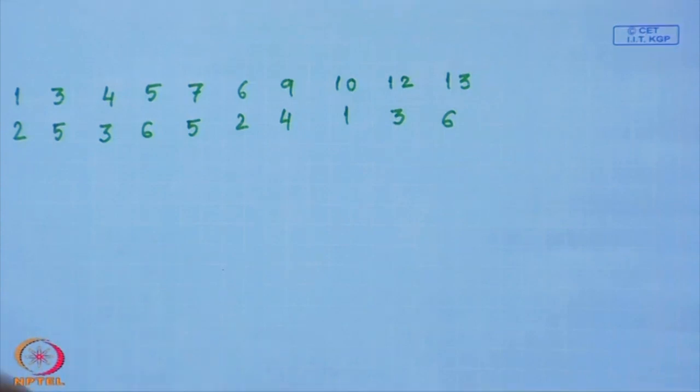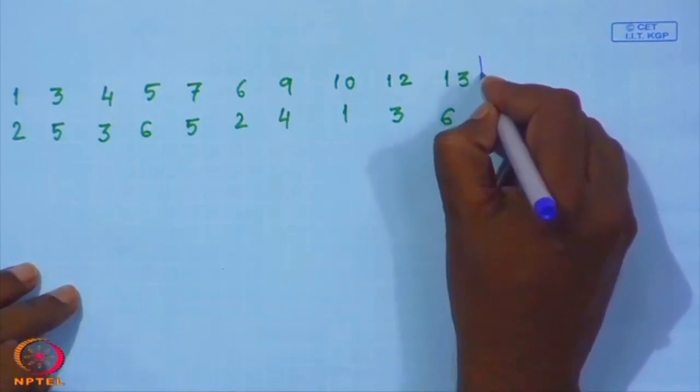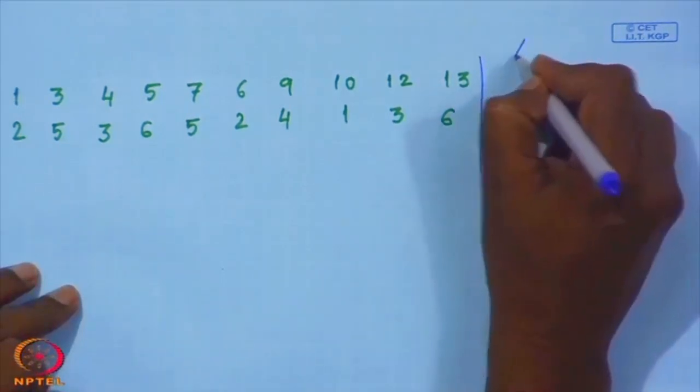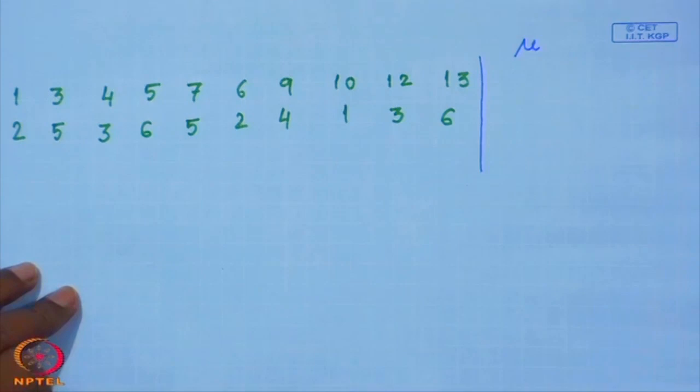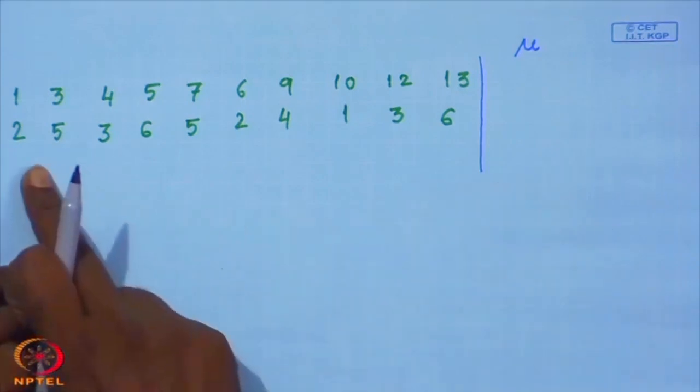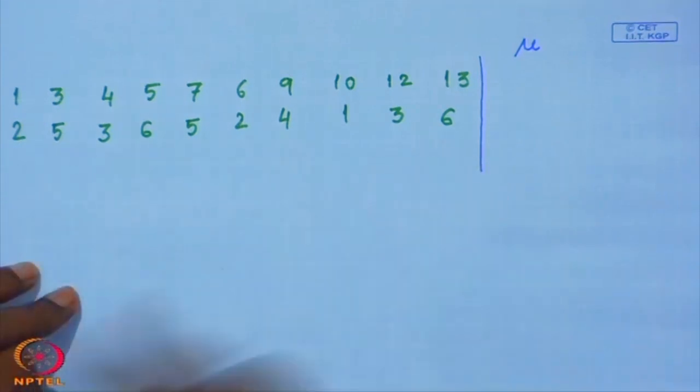So, to find the covariance matrix, first I have to find out the mean vector mu, and this mean vector is nothing but the mean of all these feature vectors. So, I have to find out the mean of the first component, and also the mean of the second component, and these two taken together give me the mean vector.